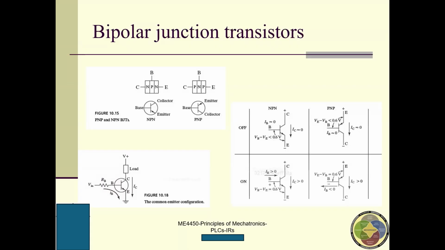If the voltage difference between these two terminals is higher than or equal to the threshold value, which in this case is 0.6 volts, and this inequality is satisfied, then we will have current. Otherwise, no current. Theoretically no current, but there is still a very, very tiny amount of current, which we just treat as no current.